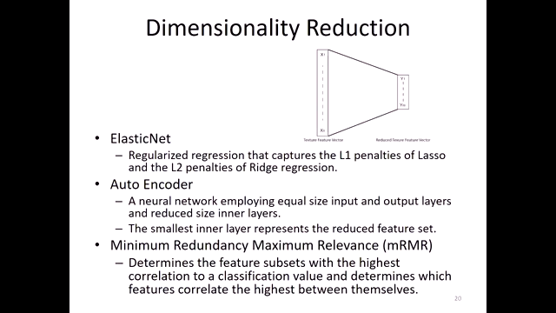The first thing is ElasticNet. This is basically a regularized regression that captures the L1 penalties of lasso and the L2 penalties of ridge regression. Lasso regression tends to break down if your descriptor features are much larger than the number of data points you have. Here we have 81 patients worth of data points, and we may have a lot more descriptors than that.